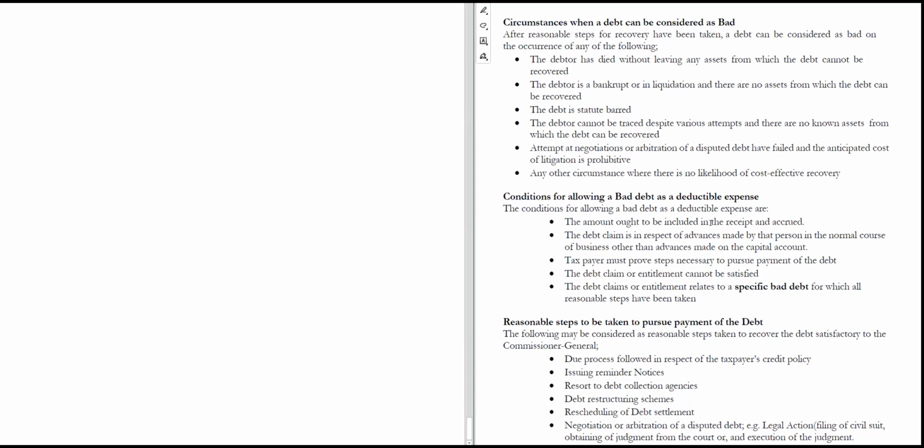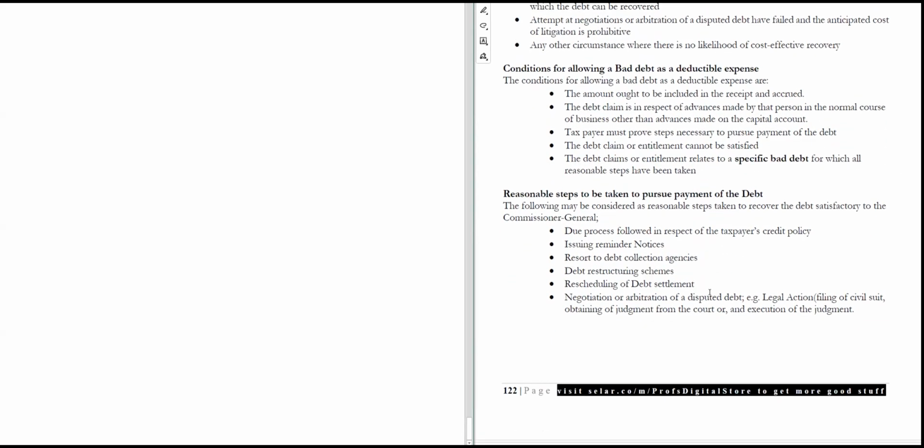Specific bad debt: you add an underlying assumption when you are solving a question that the person took all the reasonable steps to claim the money. So what are these reasonable steps? 1, you follow due process in terms of your credit policy. You assess the person before giving him that loan. You issue reminder notes. You sold the debt to people to go and take it.